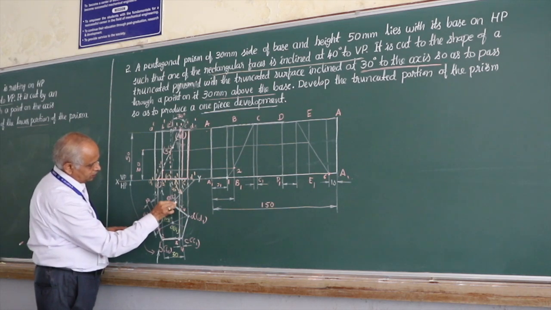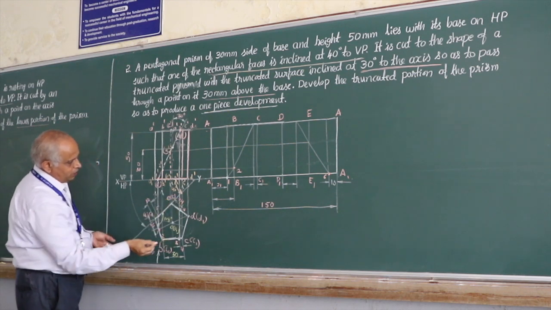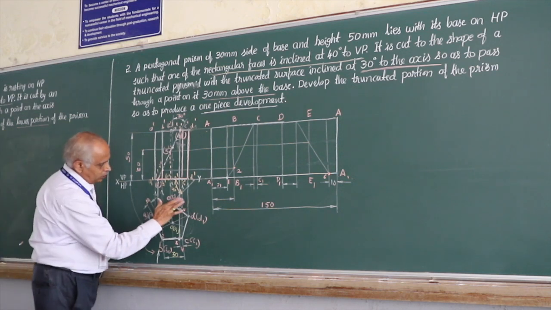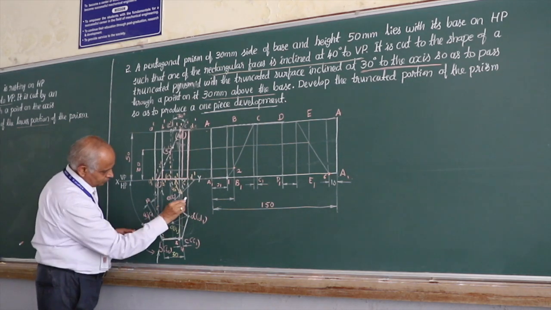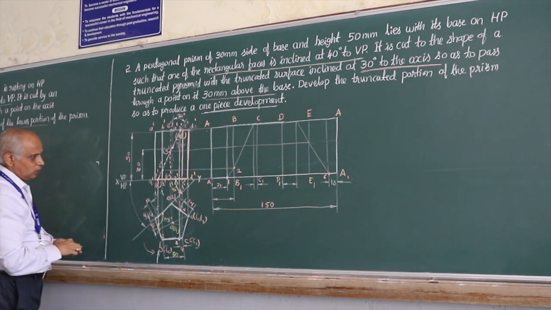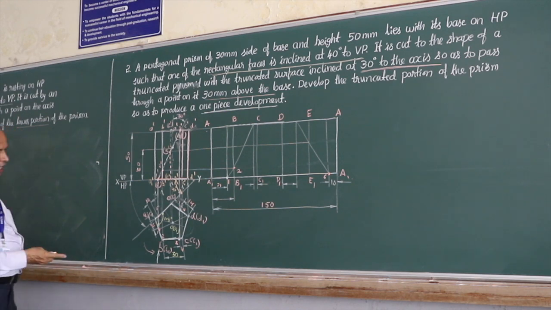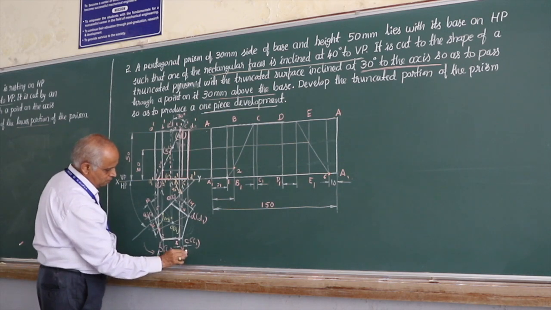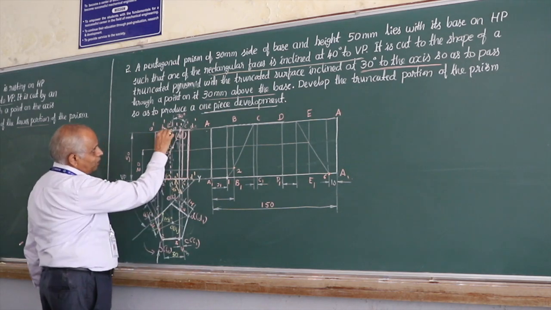So I need to measure this from a known edge, either from E or from D. If you take this 14 mm from D, so this is going to be 14 mm. Okay, so from D, when the measured value is around 14 mm, therefore try to transfer this section point 3 and section point 4. Remember, this is 4 mm value at the top level.